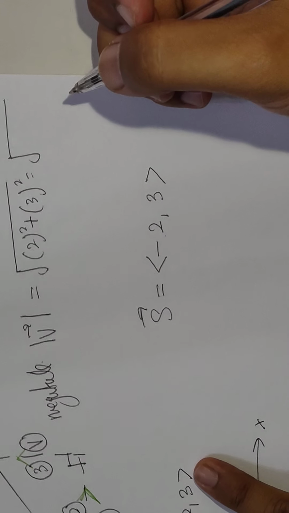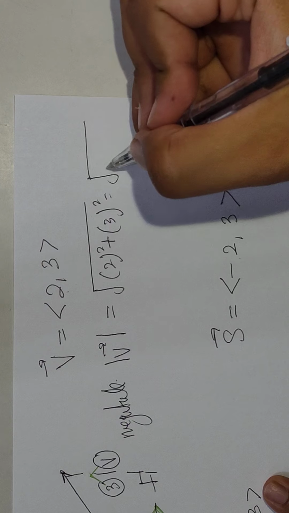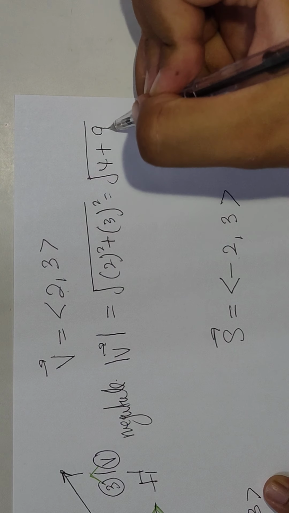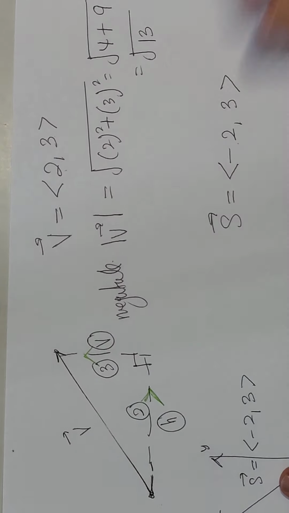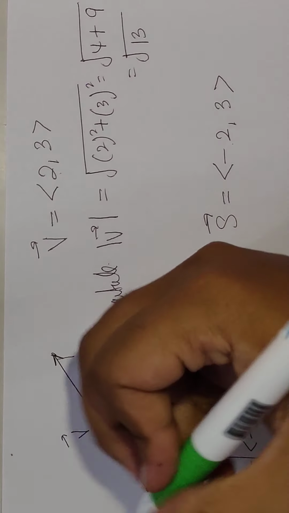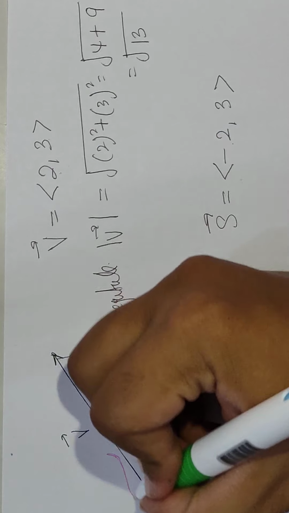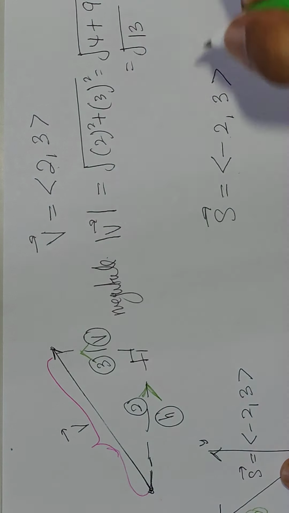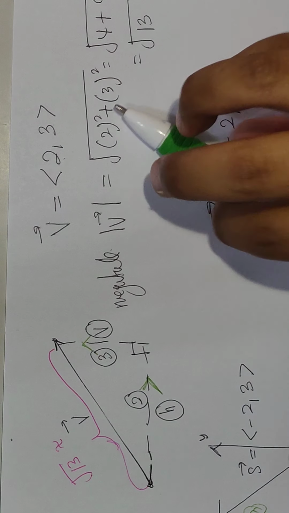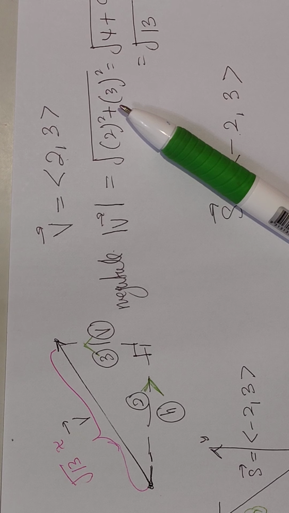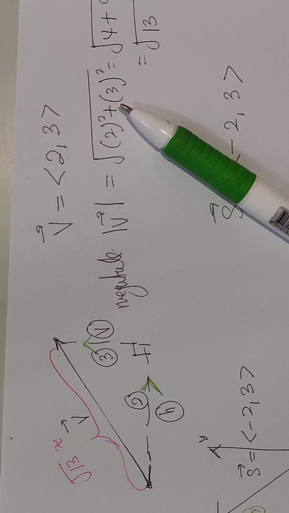square root of here we have 4 plus 9, which is 13. Jadi jarak ini adalah sebanyak punca 13, ataupun kalau punca 13 ni dia setara dengan berapa? Saya tak ada kalkulator.